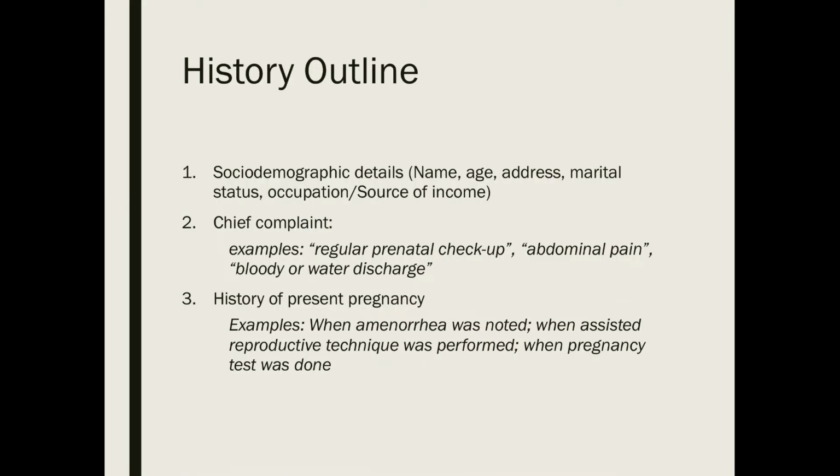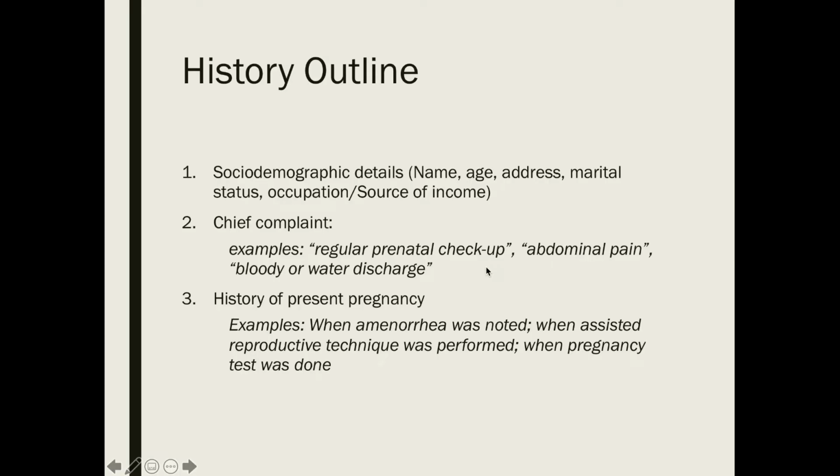So for the important components of an obstetric history, of course, we start with the socio-demographic details of the patient, and this will include her name, age, where she lives, her marital status, occupation, and her source of income. As for the chief complaint, usually, if this is just a prenatal checkup, then we put there regular prenatal checkup.